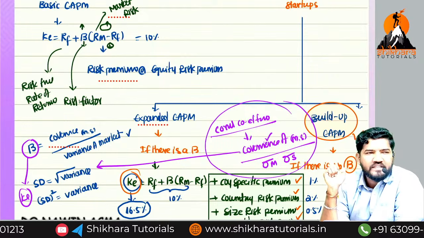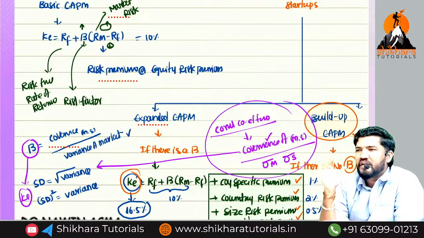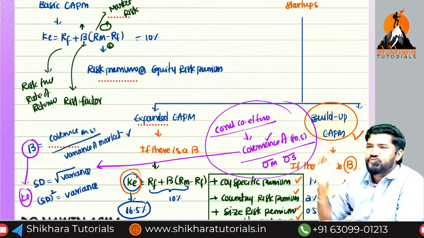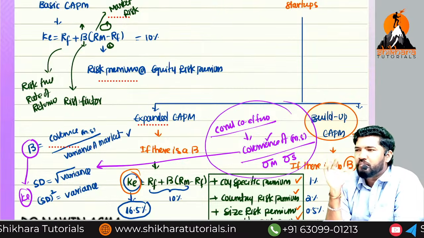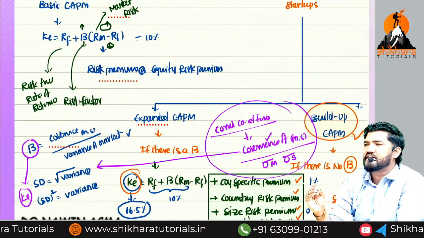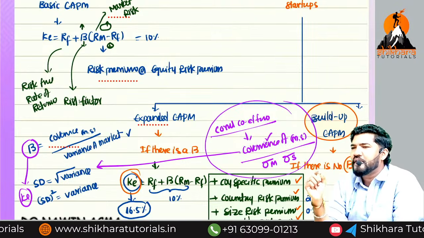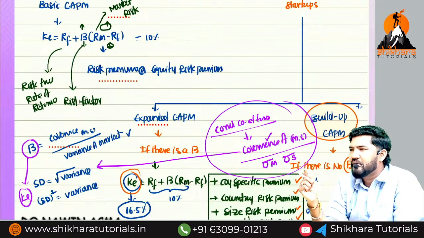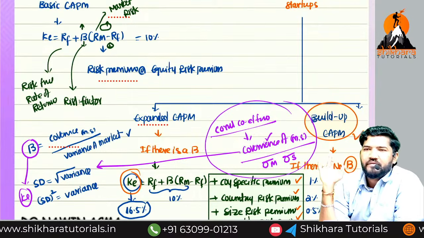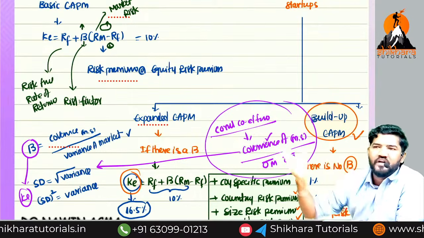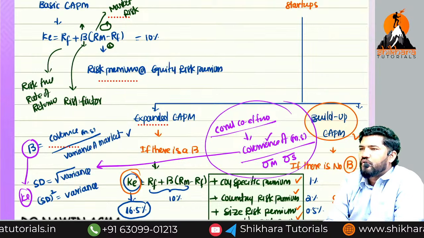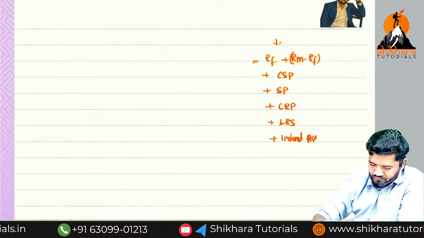When we are using basic CAPM, it is for public companies; in entire problems we use basic CAPM only. But one problem they created, they specifically asked to calculate basic CAPM, expanded CAPM and build up CAPM. For that problem purpose only we learned all those things. Are you okay? Okay, fine.